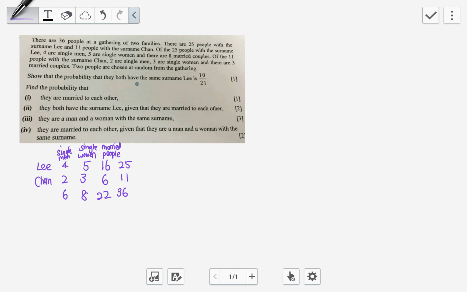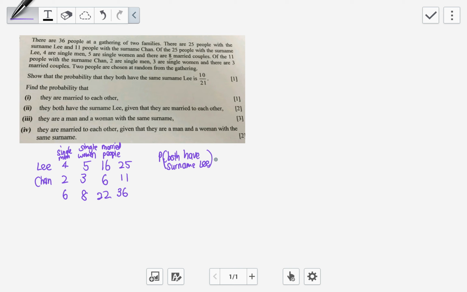Show that the probability that both have the surname Lee is 10 over 21. So probability both have surname Lee. That means of the 2 people we have chosen, both have surname Lee.